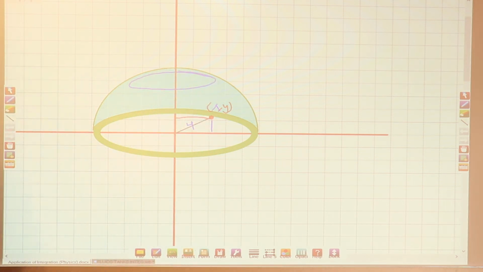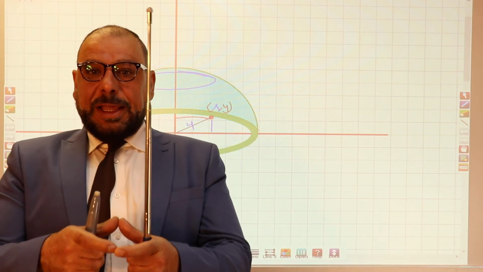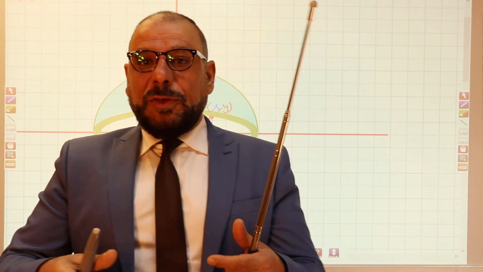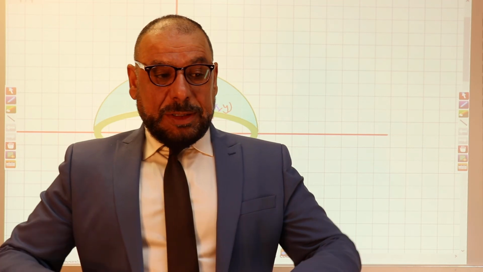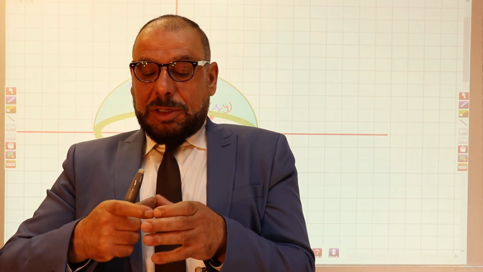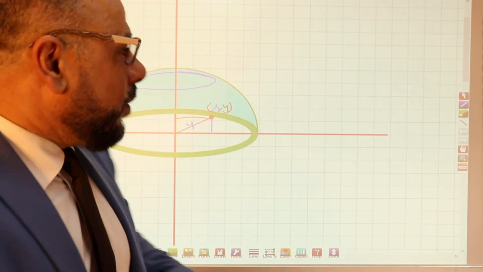You're gonna have a small circle all the time while you're filling the tank, the circle in the base like this. The circle starts small until you fill the whole tank.